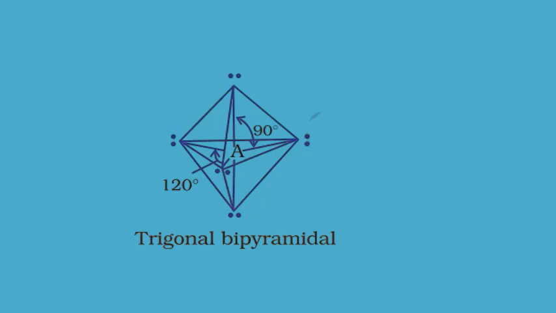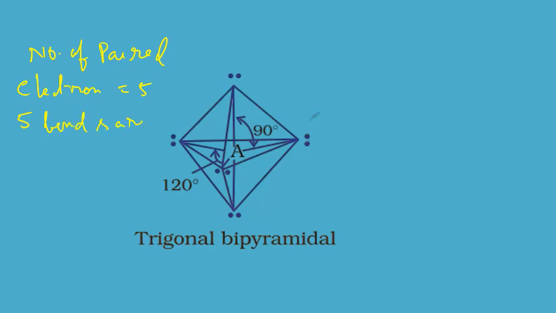In this molecule, see, this is an example having 5 paired electrons. The number of paired electrons is 5, so 5 covalent bonds are there.